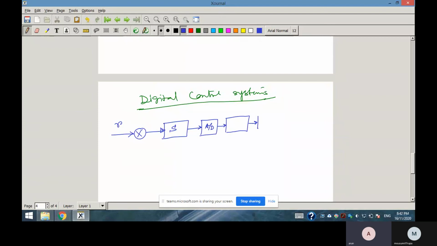Then the digital to analog converter, then your zero order hold circuit, and then your plant.